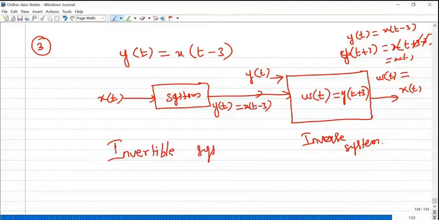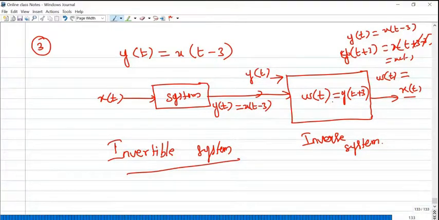If a system is invertible, definitely an inverse system exists for that particular system. So what is an inverse system? We have to design or find the inverse system whose output is exactly equal to x(t).